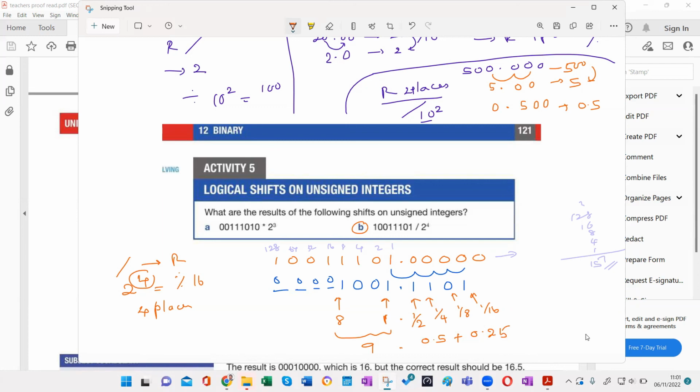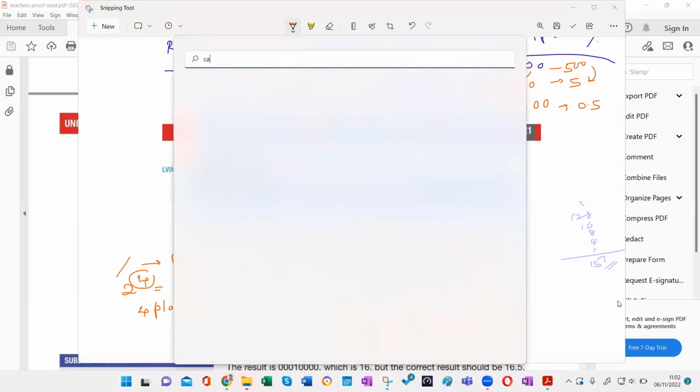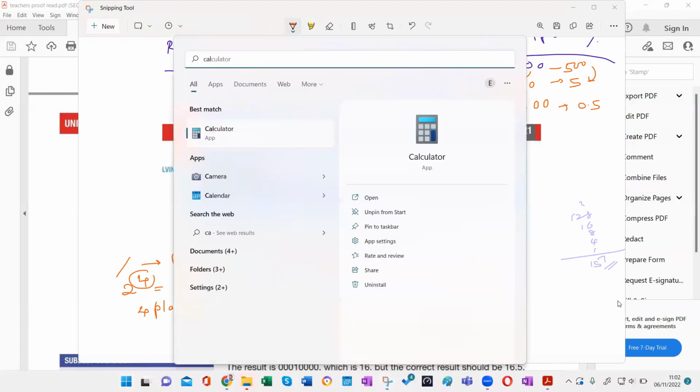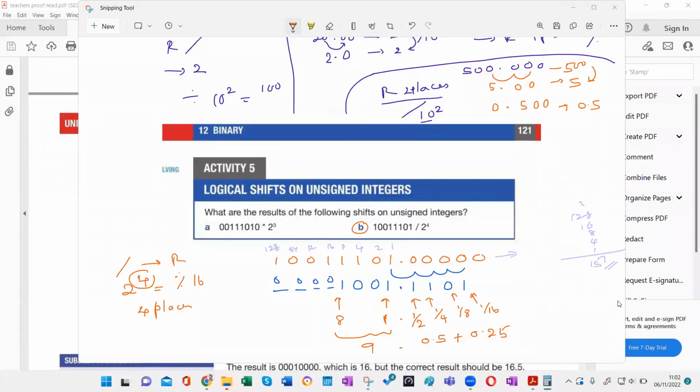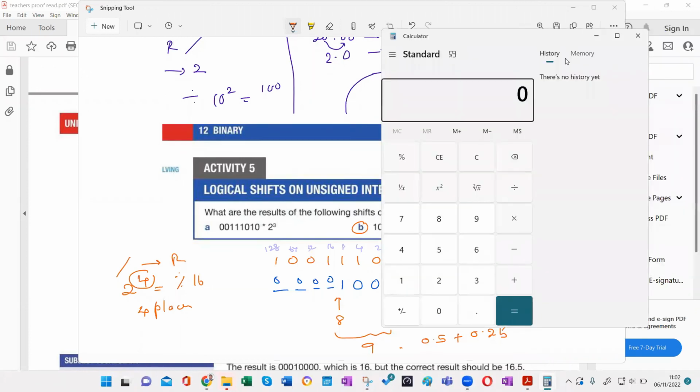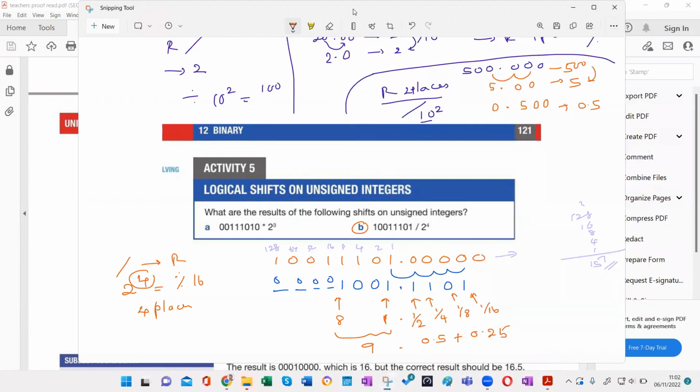Now, what is 1/16? Okay, let's see. One over 16 is 0.0625.